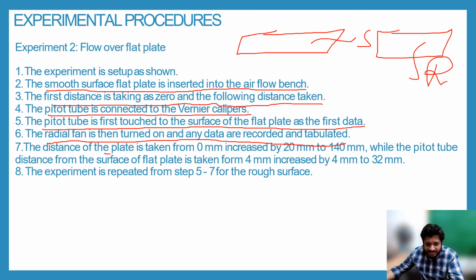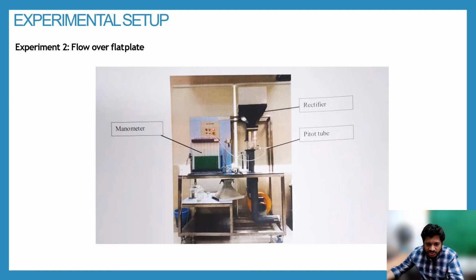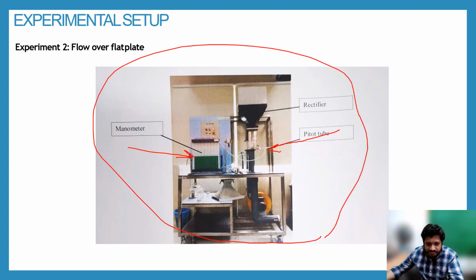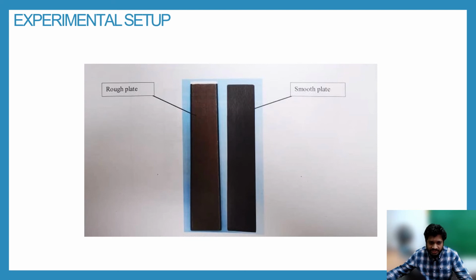The distance of the plate is taken from 0, and then it is increased according to the data which is given to you. So here we've got our manometers, we've got the pipette tube, then we've got this test bench. Here is an example of a rough plate which is attached, and then a smooth plate which is attached.